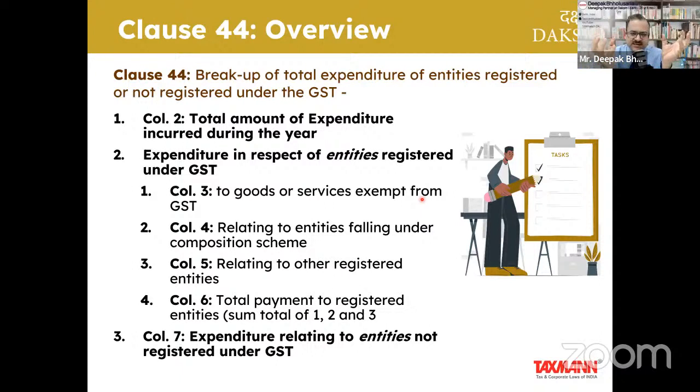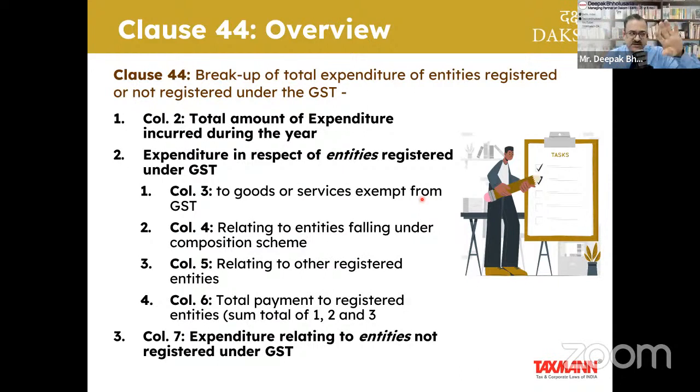It may be possible that the supply which you are getting from an unregistered supplier may be exempt or may not be exempt, right? Once you have figured out that this supply is in relation to an unregistered supplier, then whether that supply is exempt or not doesn't make any difference. That entire amount of supply needs to be reported in column number 7 only.